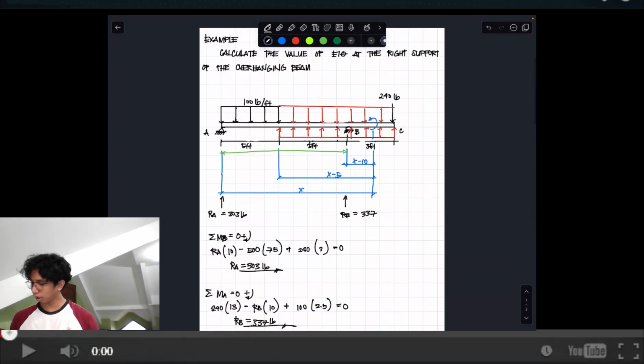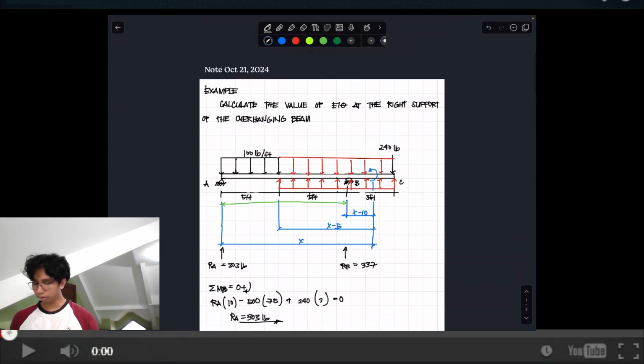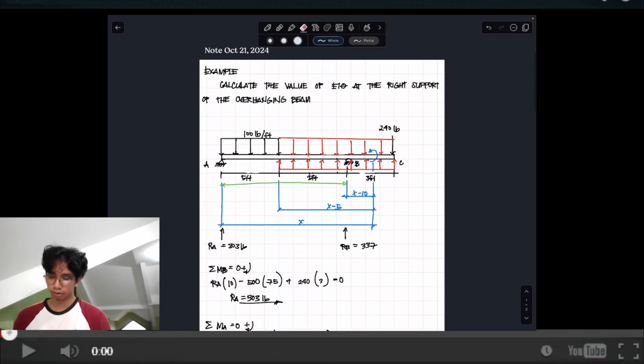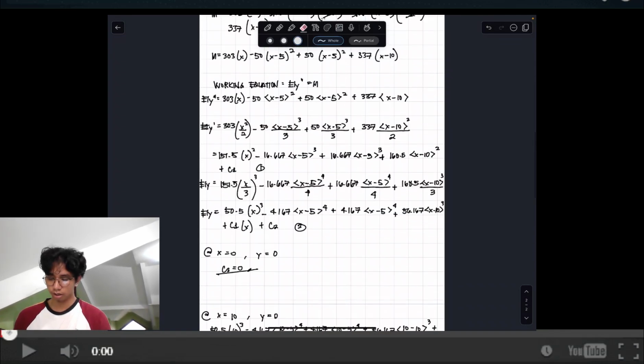Hindi, okay na pala siya. So, ayan na ang boundary condition ng EI theta, which is 5,050.